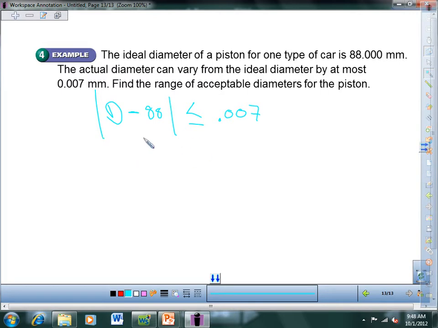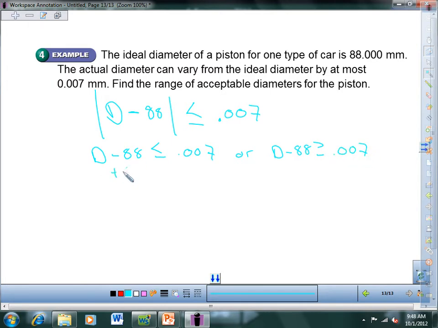And the way you solve this is just like you solve an absolute value inequality. You get d minus 88 is less than or equal to 0.007, or d minus 88 is greater than or equal to negative 0.007.